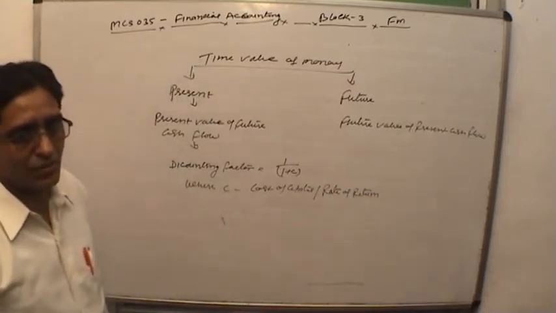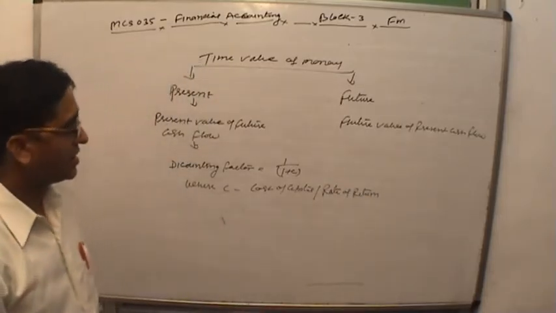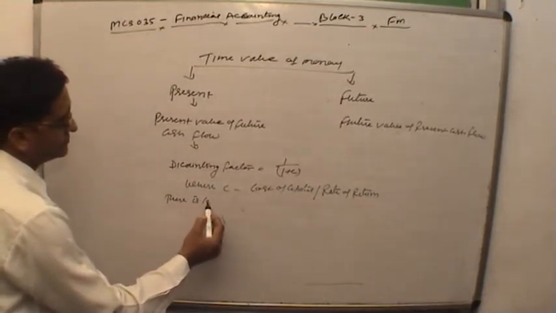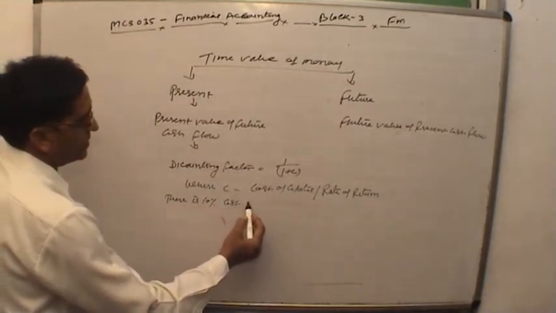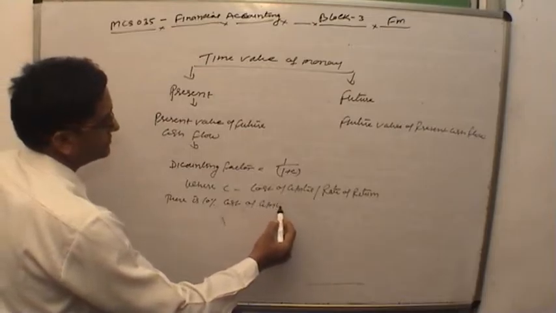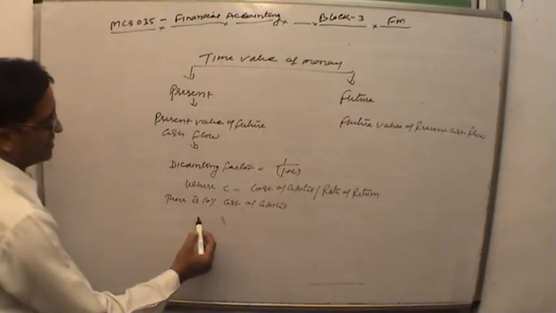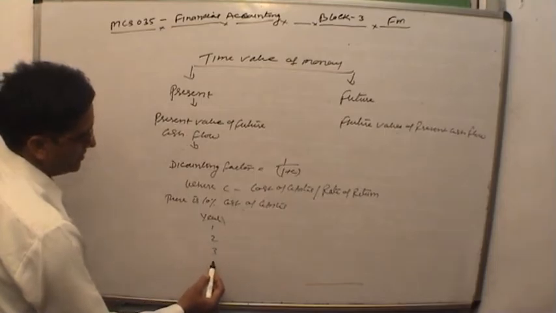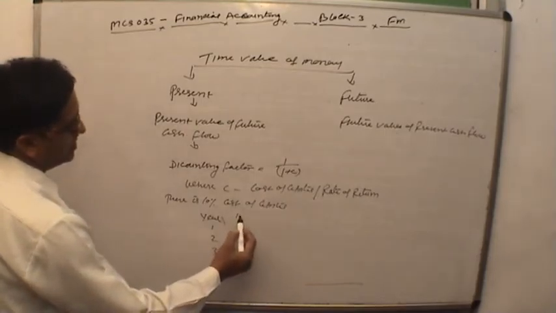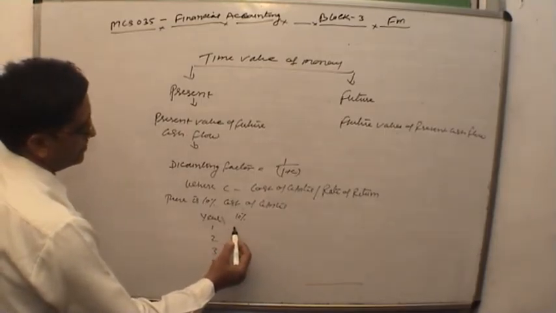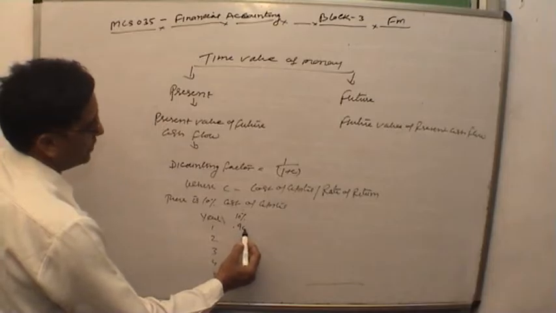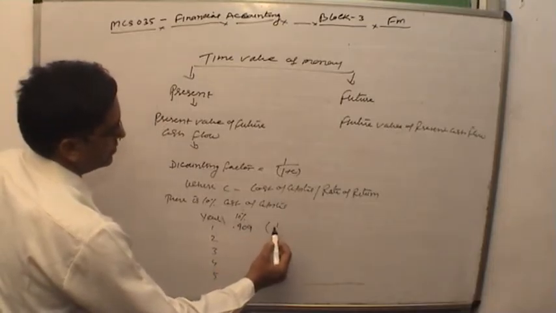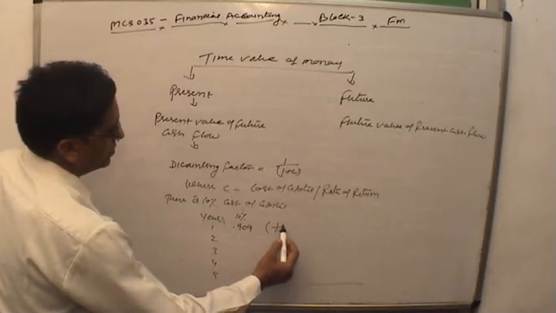The value is calculated for several years. Suppose there is a 10% cost of capital. Then the factors for years 1, 2, 3, 4, 5 are as follows. At 10%, the discounting factor for the first year is 0.909, calculated as 1 upon 1.10.